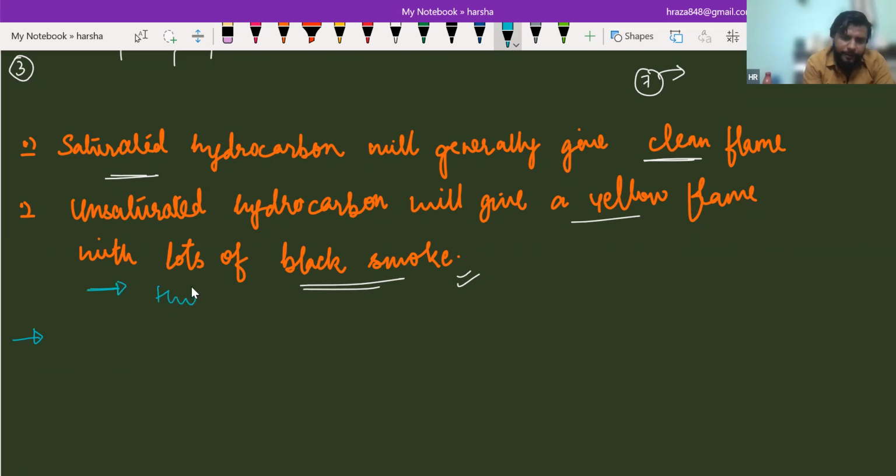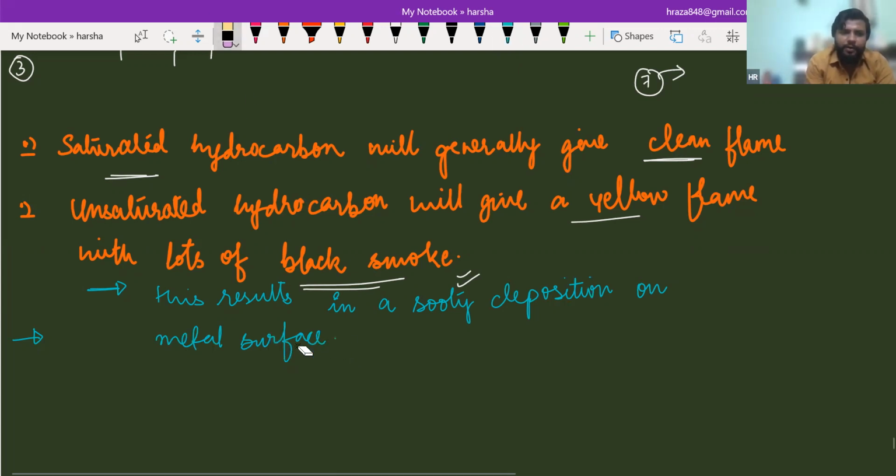That means if you are going to burn an unsaturated hydrocarbon, then it will give yellow flame with lots of smoke. This results in a sooty deposition on metal surface, or metal plate, you can say metal plate, that will be good.